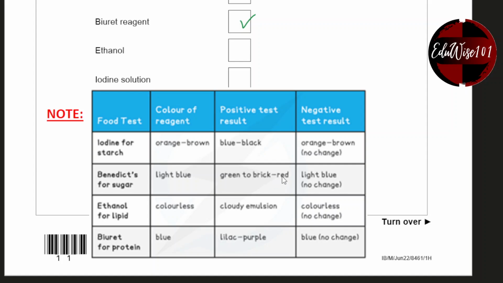The darker the red, the more sugar there is. Again, a negative result is no color change. We can use ethanol for lipids. It goes from colorless to a cloudy emulsion. And the Biuret reagent for protein starts off blue and turns lilac or purple.